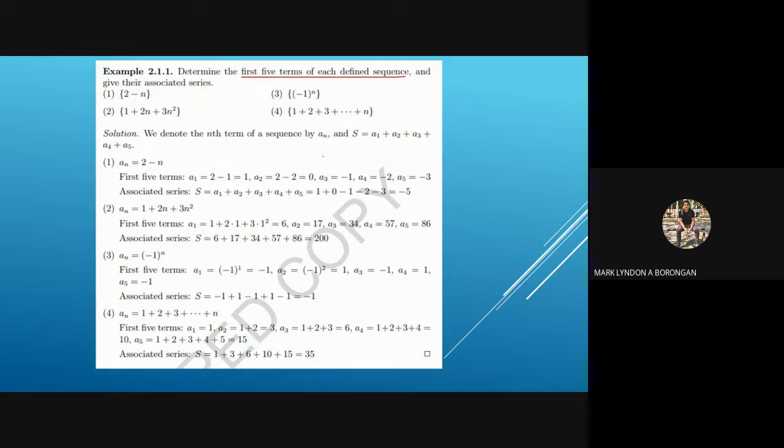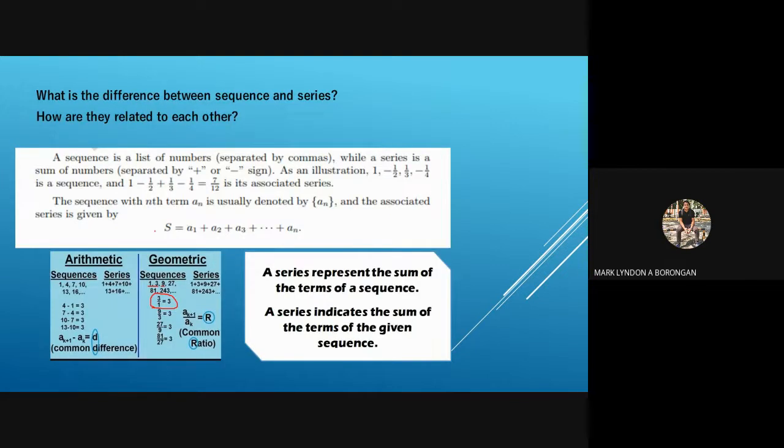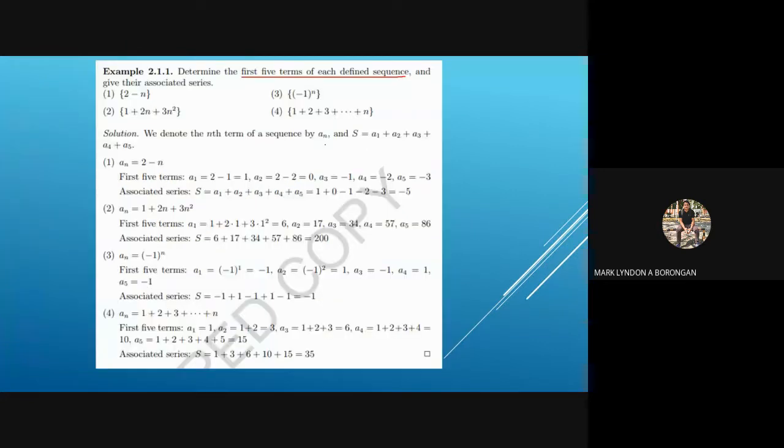We will use this formula: we denote the nth term of the sequence by a sub n, and s is equal to a sub 1 plus a sub 2 plus a sub 3 up until a sub 5, because we are given the first 5 terms. So our a sub n will be a sub 5.